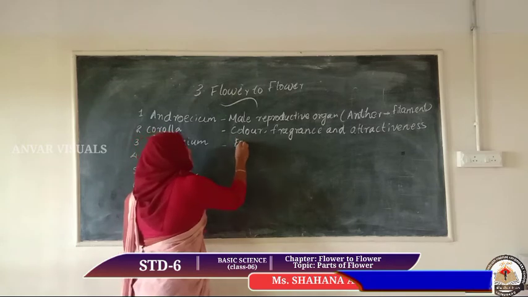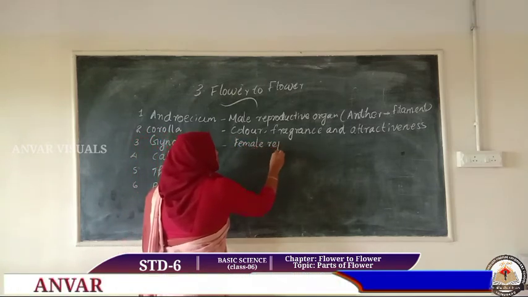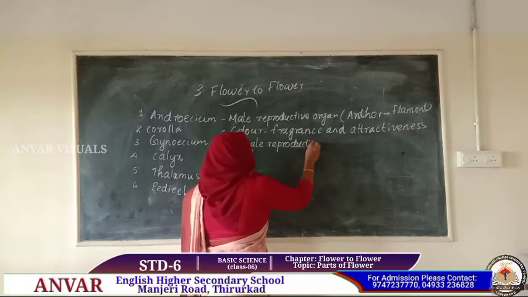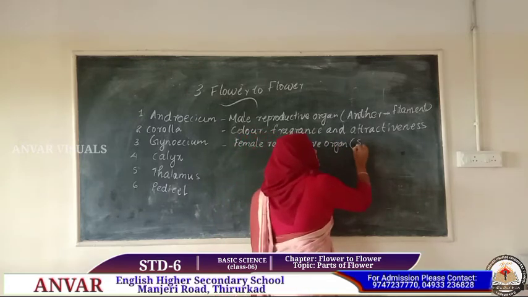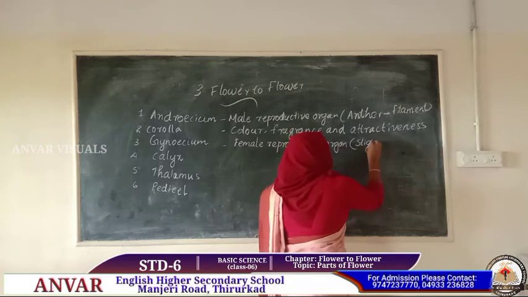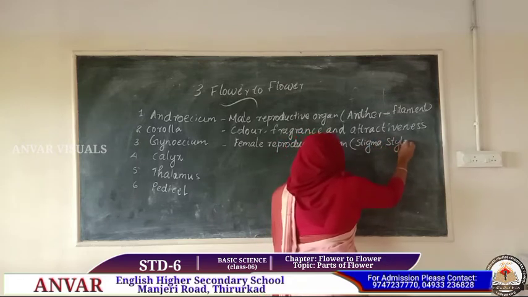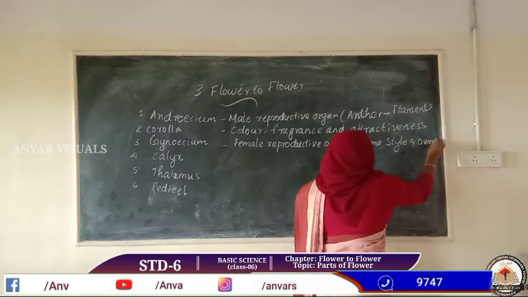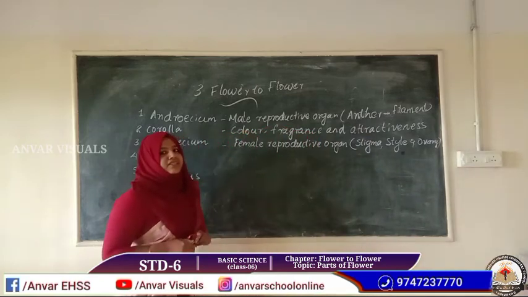It is the female reproductive organ, and consists of, all of you listen here, stigma, style and ovary. So this is all about gynoecium in a flower.